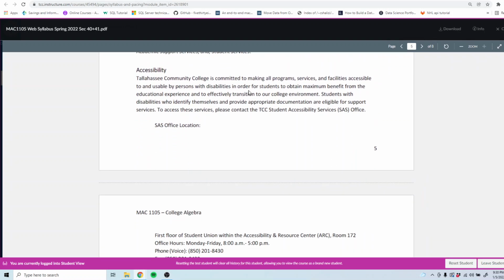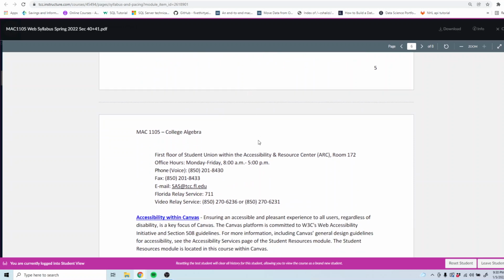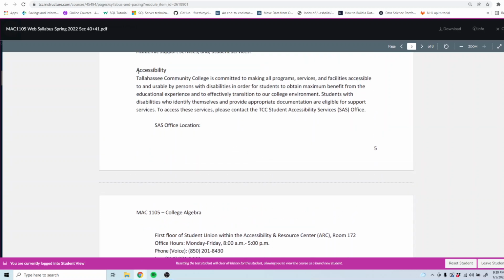All right, I'll let you read through some of this stuff here. But the main thing about accessibility: if you have any sort of accommodation, like you get extra time for taking tests, that's the big one for an online course. If you get extra time taking tests, you need to email me your letter, and just keep in mind that it doesn't come straight from high school.